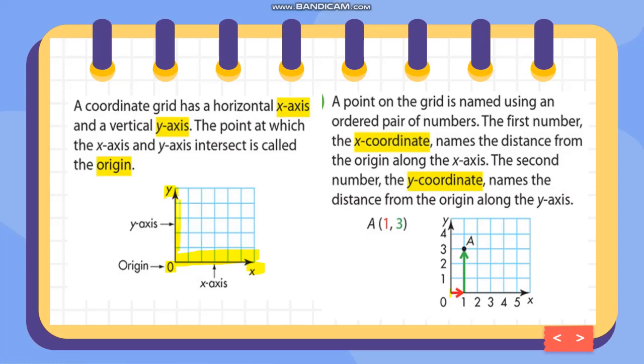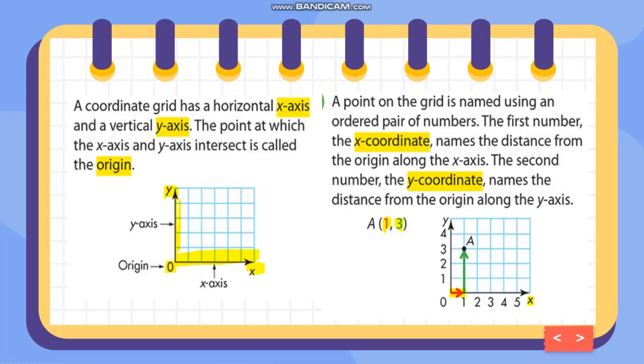From 0 to 1, that is your x-axis. That's why 1 here is your x value, or x-coordinate. And this is the y-coordinate, which is 3. So from the point of origin going to 1, and from 1 going up 3 times, because y-coordinate means going up.